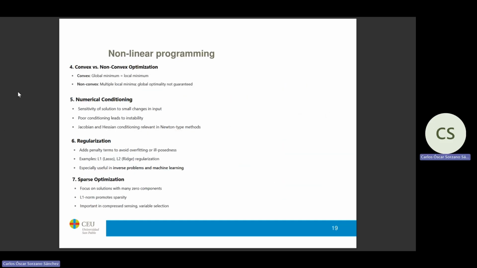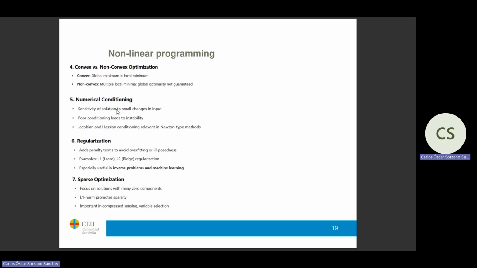Okay, so then more properties on convexity and nonlinear programming. We have clearly separated convex from non-convex problems because of this property: in a convex problem, a local minimum becomes a global minimum. We will make some remarks on numerical conditioning.